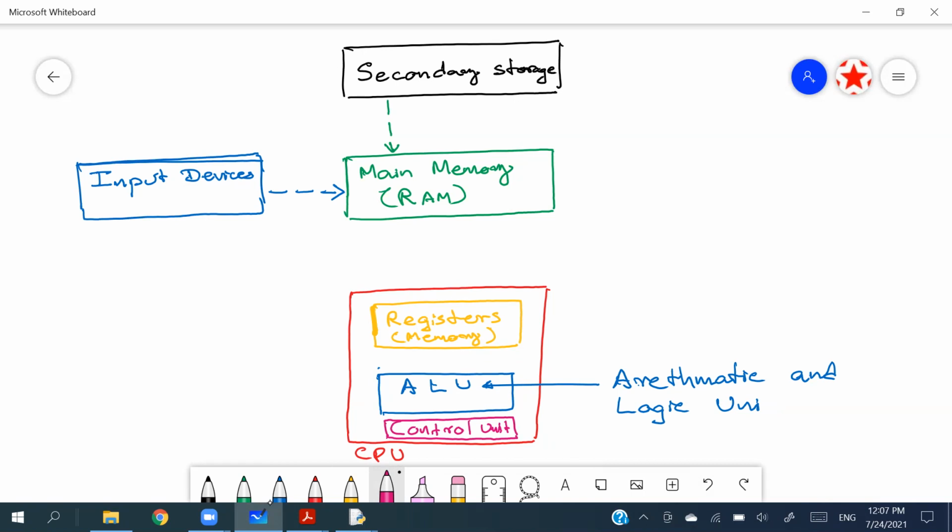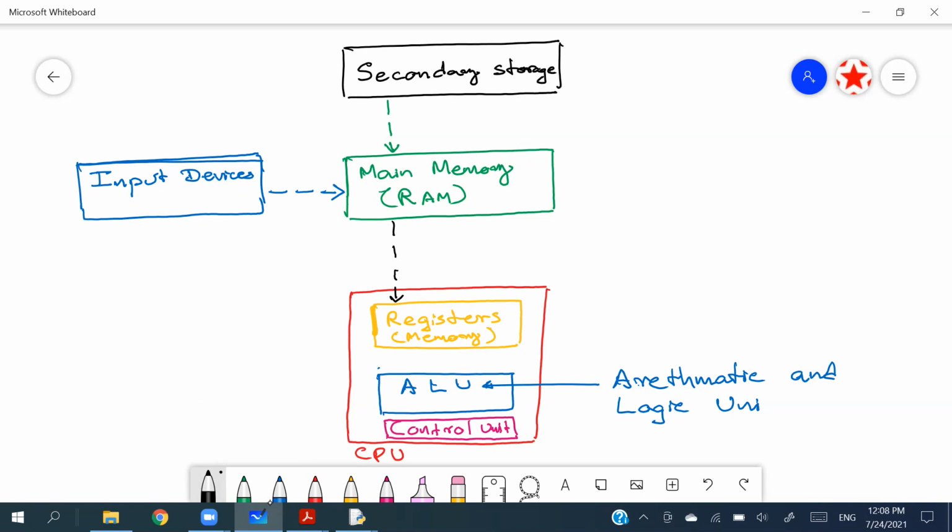So what actually happens is, from the main memory, the data and instruction first move into the register memory, because it is the one which can hold the instruction like a memory. It's a temporary storage device like the main memory.